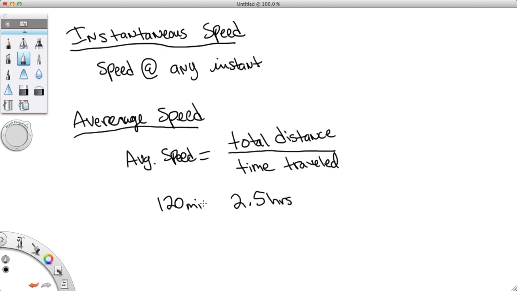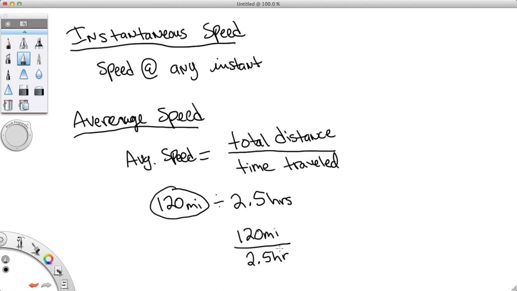Her average speed is the total distance, 120 miles, divided by the 2.5 hours. So we can plug that into our formula, 120 miles divided by 2.5 hours.